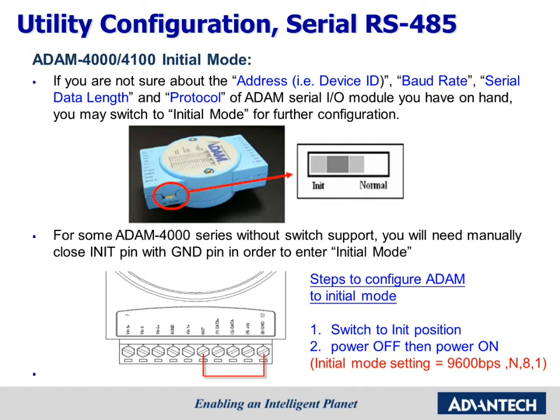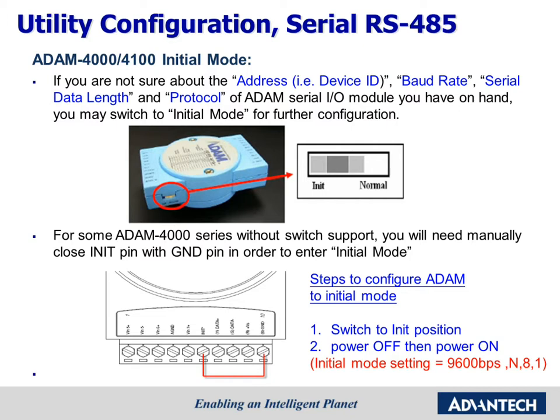There is the initial mode, normal mode switch for ADEN 4000 and 4100 series in the middle of this slide. If you are not sure about the address, baud rate, serial data length, and protocol of ADEN serial I/O module you have in your hand, you may switch to initial mode for further configuration.